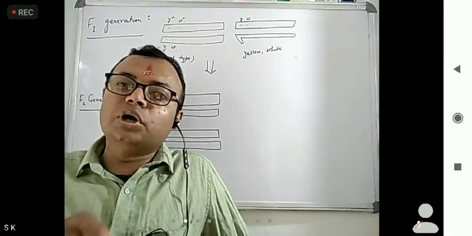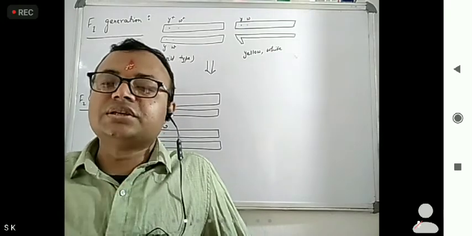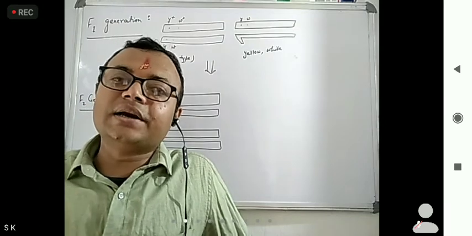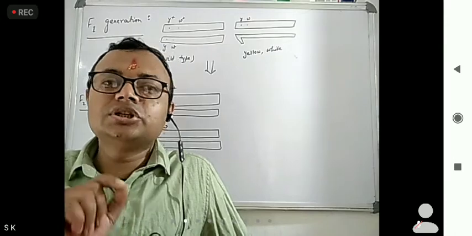Brown was dominant and yellow was recessive. Similarly, in eye color he chose white and red. White is recessive, and red is dominant.